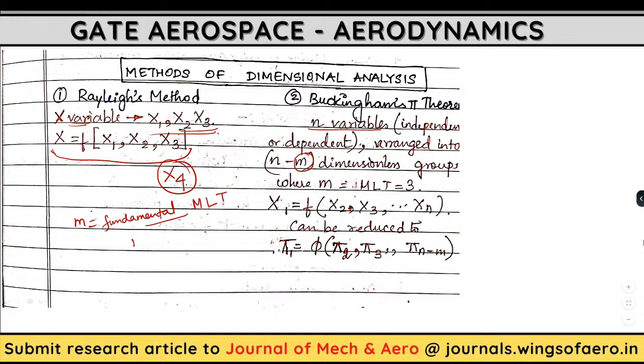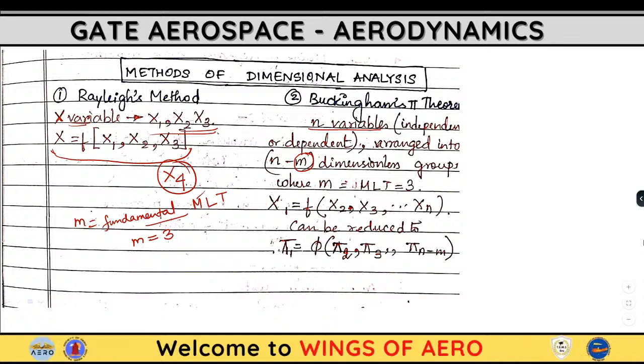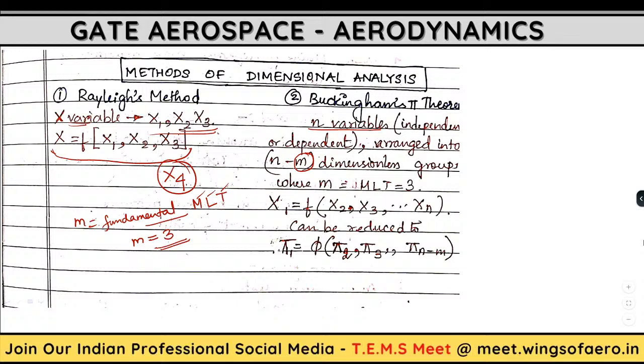That is, m is always constant, that is 3, that is M1, L1, and T1. So m becomes 3. So how can we make an arrangement into n minus m dimensionless groups?